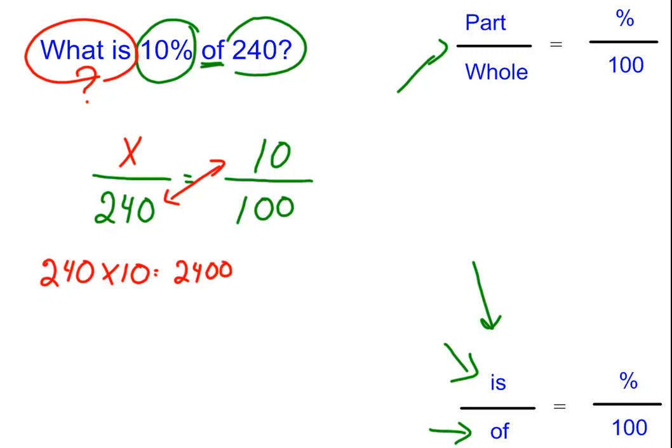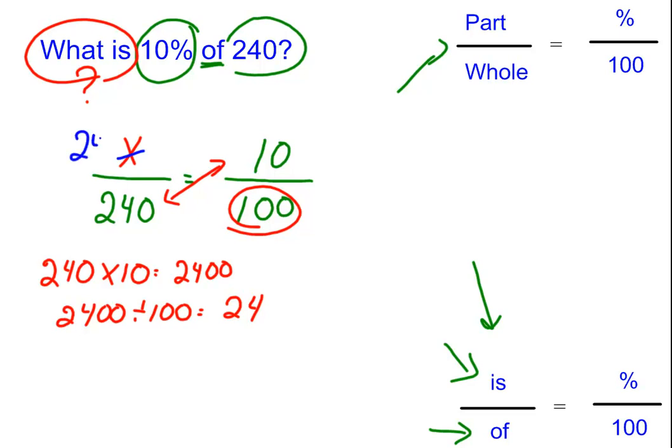Right. Now, the number we haven't used yet is this 100. So we're going to take the 2,400 and divide it by the 100. Okay. And 2,400 divided by 100 is equal to 24. So that's the answer to our problem.